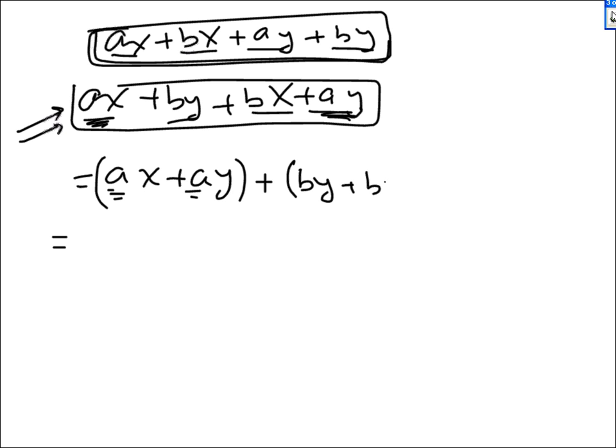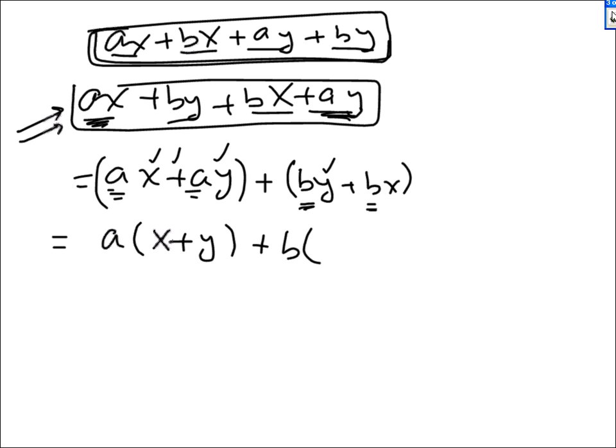And it actually turns out that the B's will be in common. So sometimes you may have to reorder to get things common. First bracket, I factor out the A, and I'm left with X plus Y. In the second parenthesis, I pull out the B, and I'm left with Y plus X.